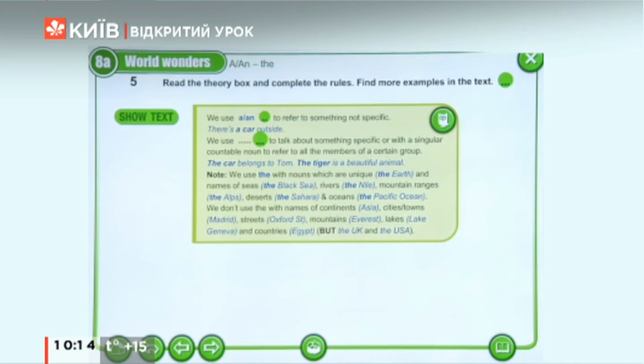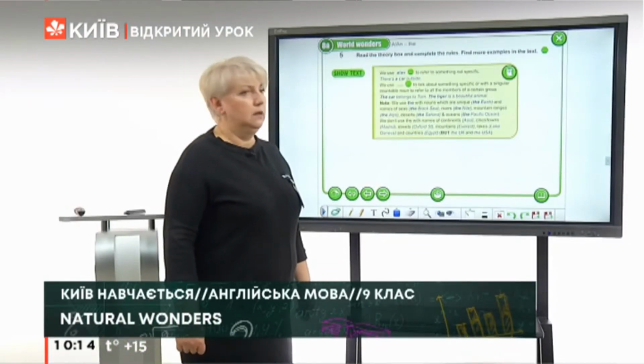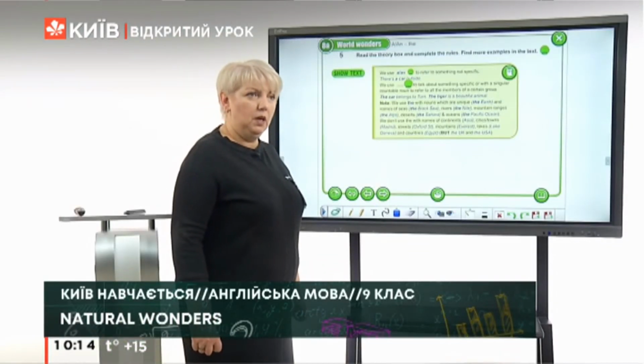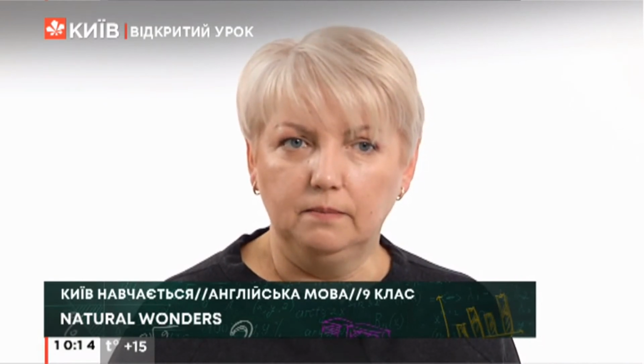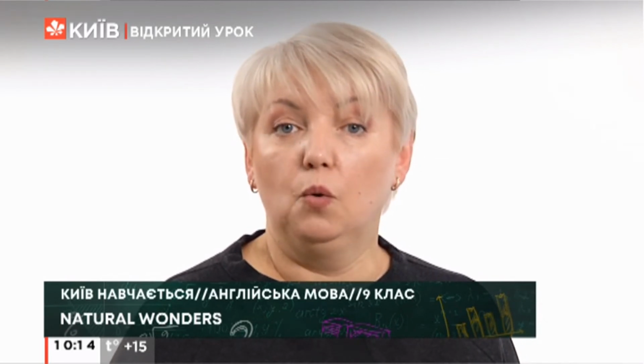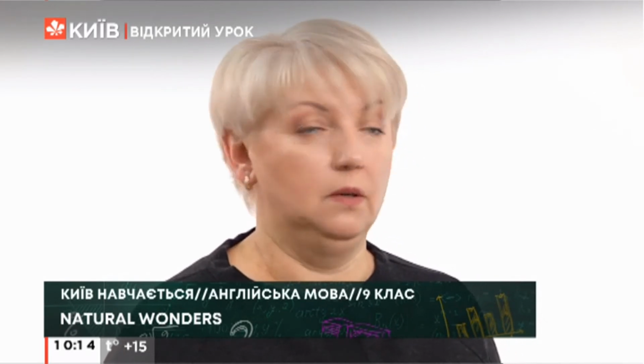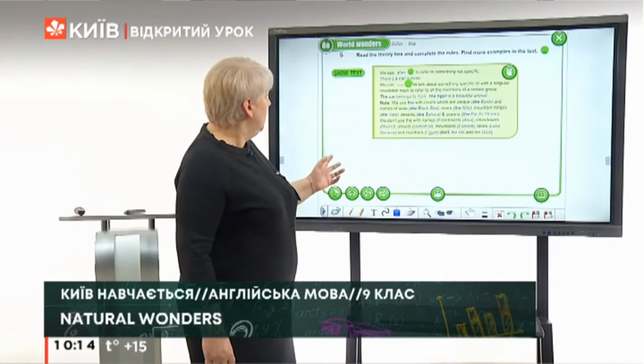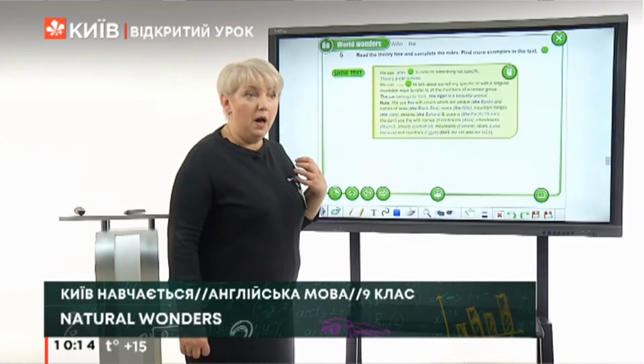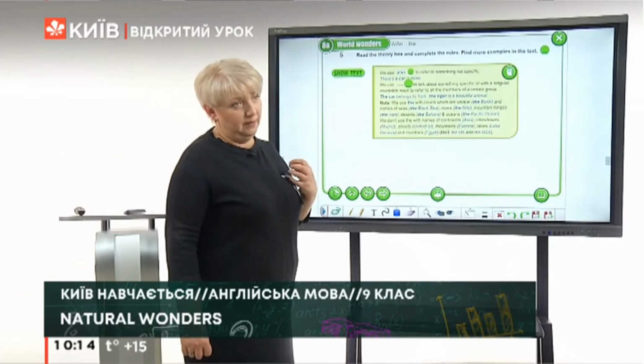For example, there is a car outside. By the way, can you remind me when you use an? Yes, right. We use the an form when the following word starts with a vowel sound. Good. We use some other article. Which one?